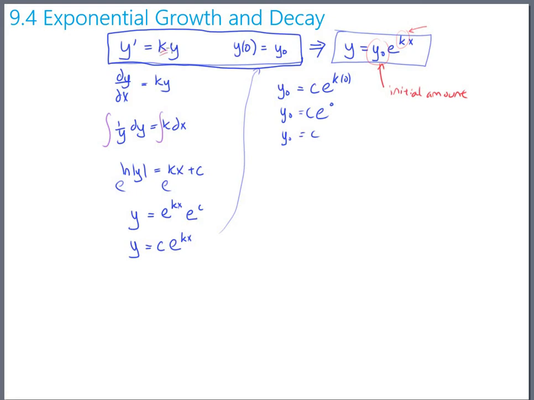It's the k from over here. It's saying, hey, if you've got 100 people and a growth rate of 3%, then the rate of change will be 0.03. So this is the growth rate. Some people call that the change rate, because you could be growing or you could be decaying.